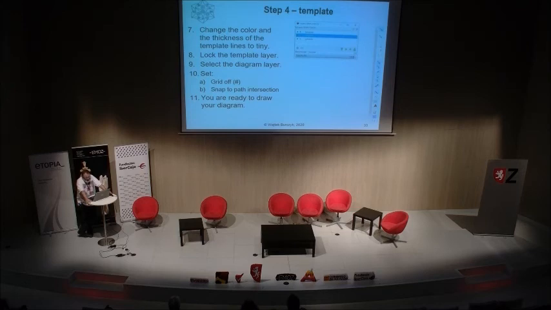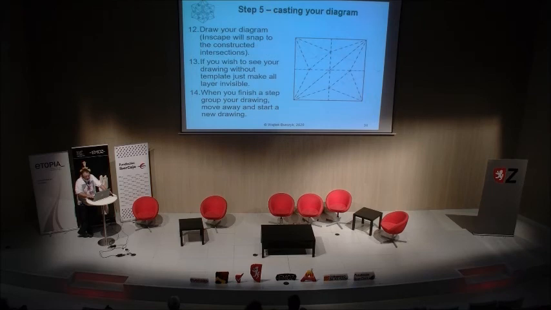We lock the template layer and select our diagram. At the moment we may set the grid off and snap to path intersection on, and we are ready to draw on our diagram. This template diagram is the very tiny red line.